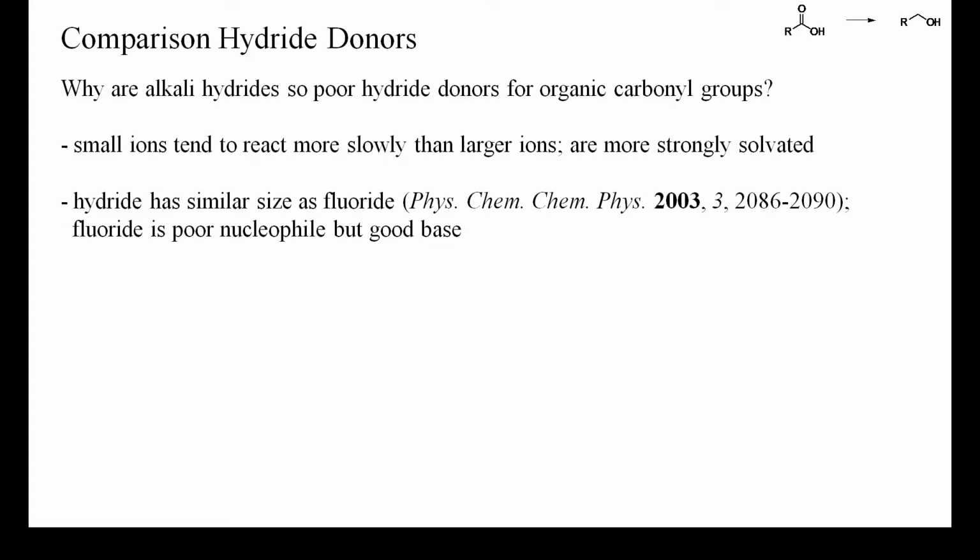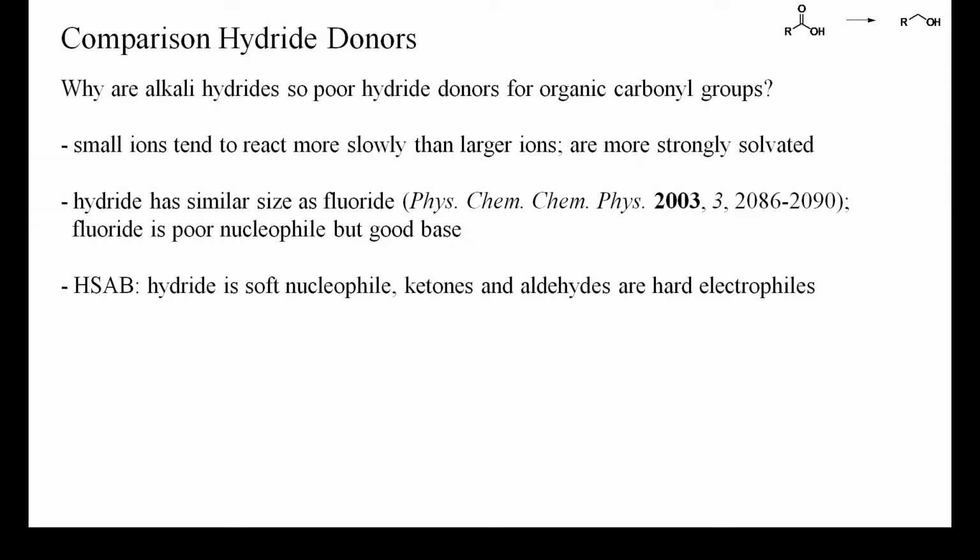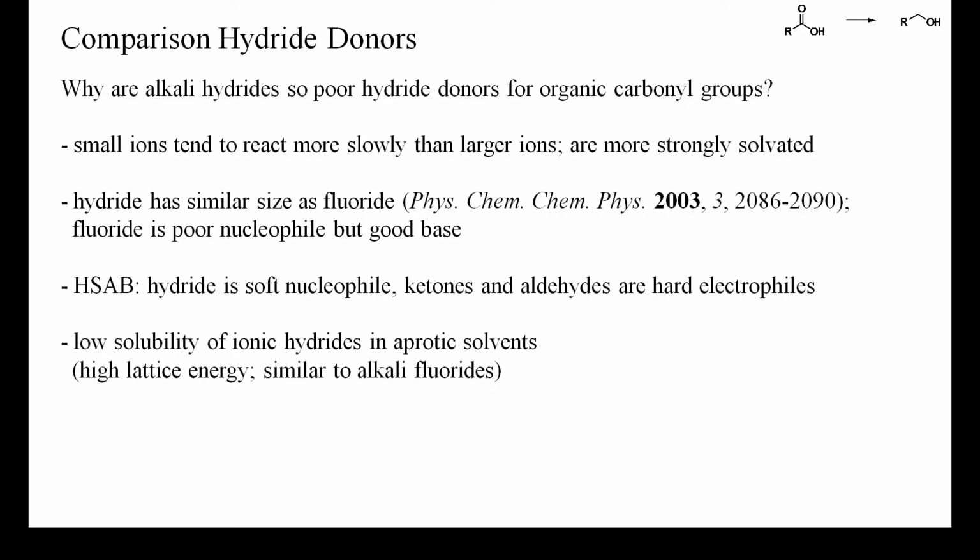One could also argue in terms of Pearson's hard and soft acids and bases concept. Because hydride is a soft base and carbonyl compounds are hard acids, no fast addition of hydride to ketones or aldehydes is to be expected. One further reason for the low reactivity toward ketones must be the low solubility of ionic hydrides, caused by their high lattice energies.